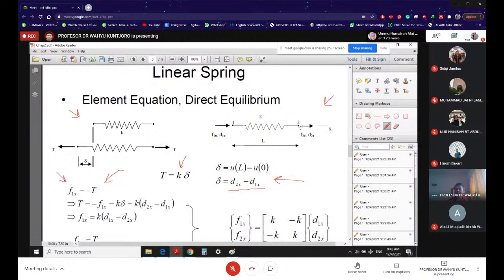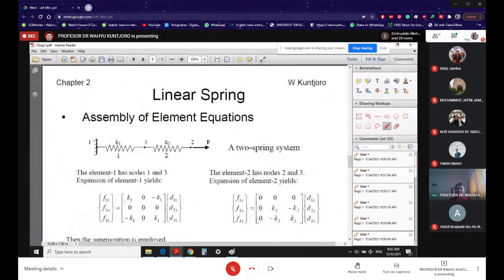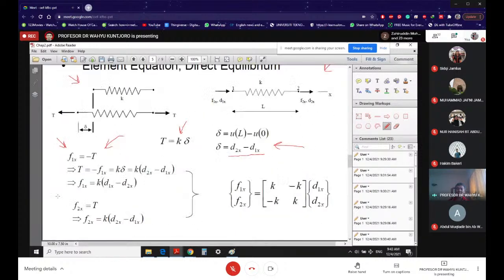F2x is going to be equal to T, just like what we have over here. And of course, T is K delta, and K delta is K multiplied by D2x minus D1x. So what we have here, I have two equations, the first equation and the second equation.